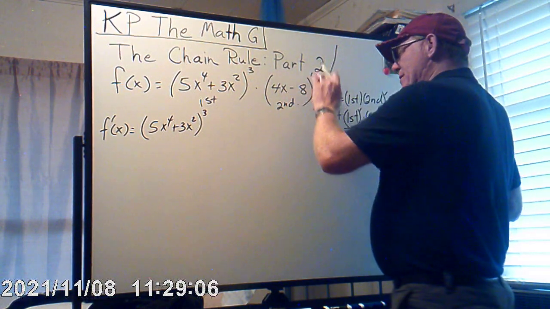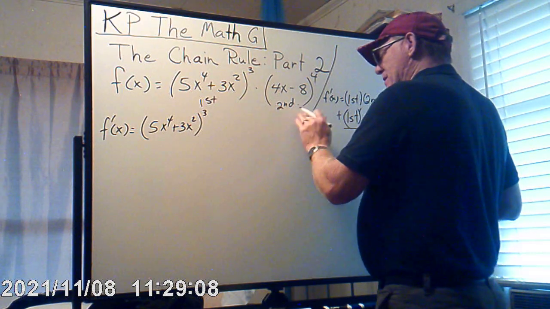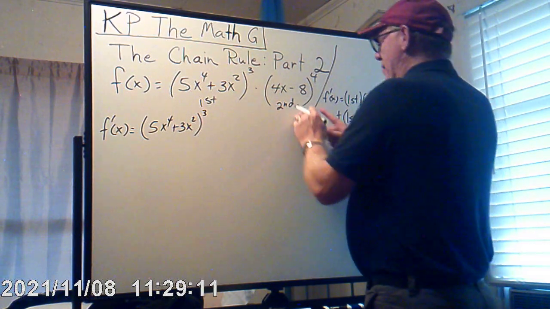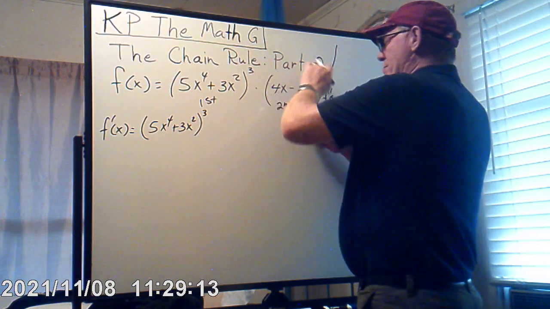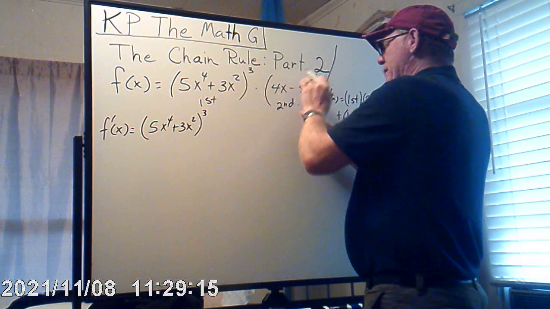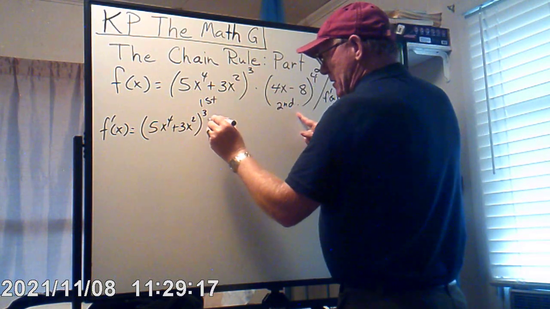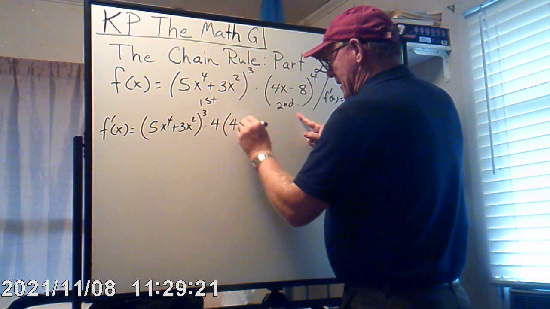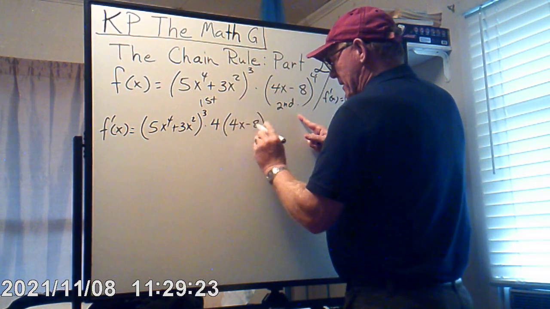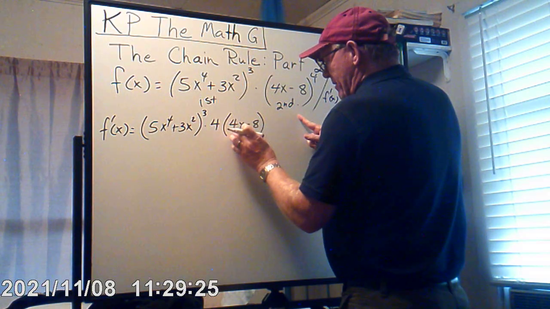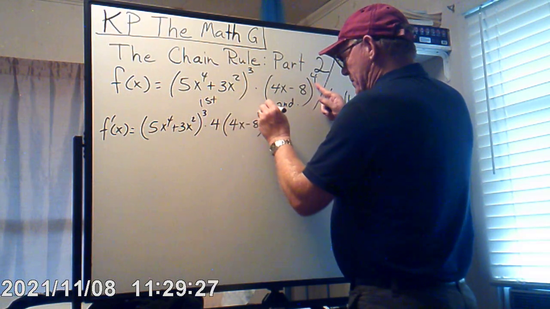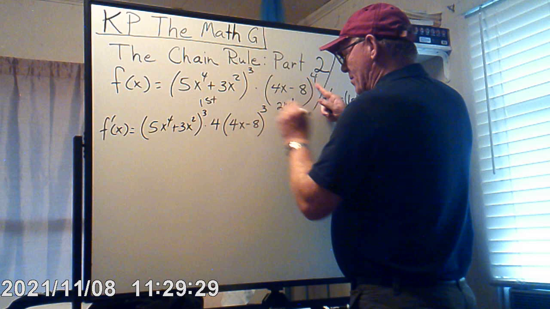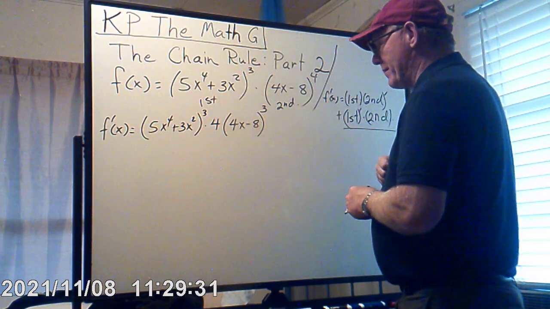Now times the derivative of this one. But now we've got a combination of the power rule and the chain rule. So we're going to have to do this first. So times 4 times 4x minus 8. Do no derivative in here yet. We need to just bring this exponent down 1. So from 4 it's down to 3.